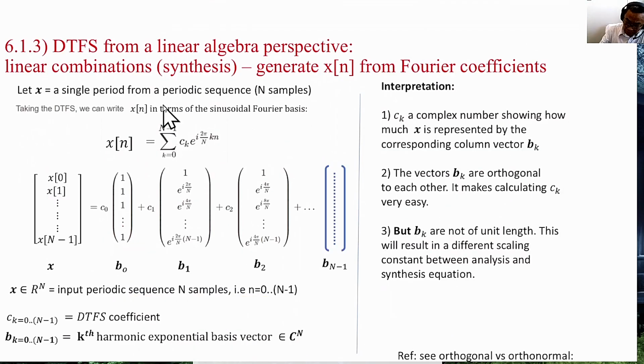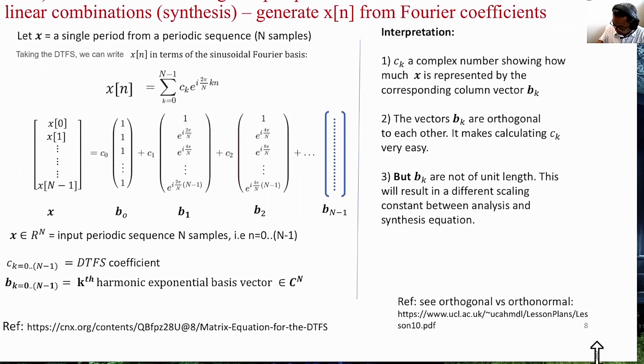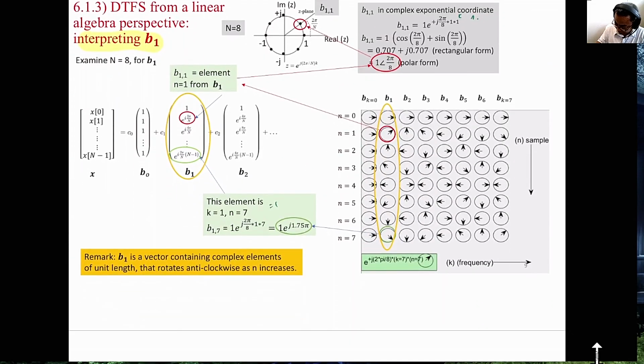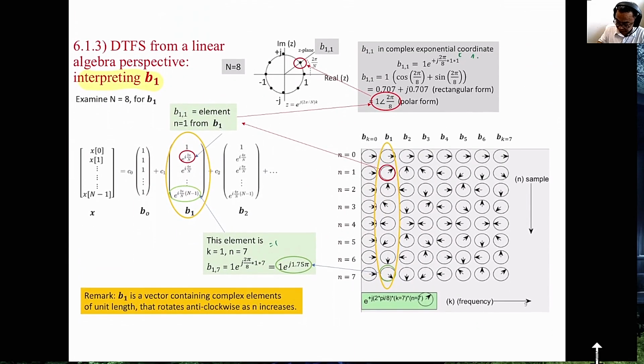You can see more of my discussion of this idea in slide 6.1.3 at page 8, as well as page 9, where we visualize the B's in terms of the arrows like this.